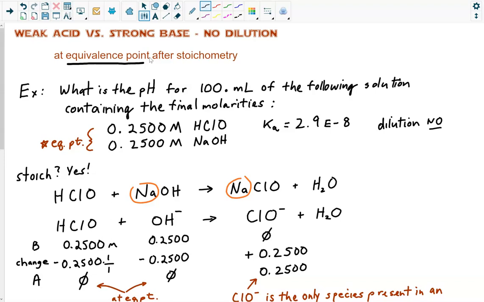Well, you know that you're going to be at the equivalence point, because the moles of acid equals the moles of base. We'll see this when we do the stoichiometry. But is there a dilution? Well, you can tell no, because it says these are the final molarities. So you have a 100 milliliter solution, and these are the final molarities in there. So you've already been given the molarity after the two solutions have been added together.